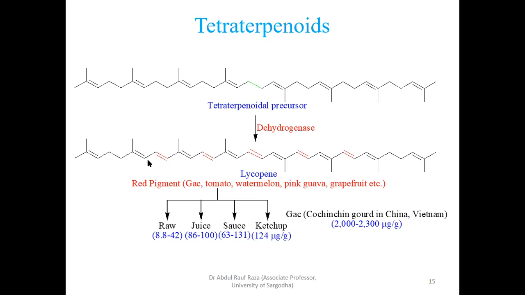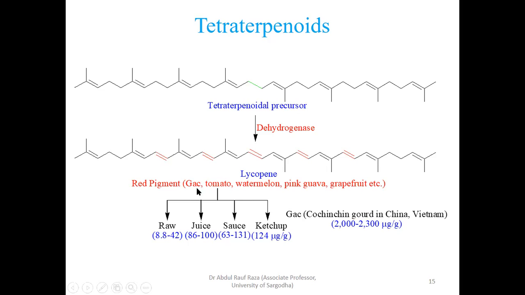So lycopene is a natural product derived from a tetraterpenoidal precursor. This is called lycopene. It has been isolated from a variety of different fruits. If I name them, GAC is not very common for us, but it is a very common fruit in Vietnam, China, and Australia.